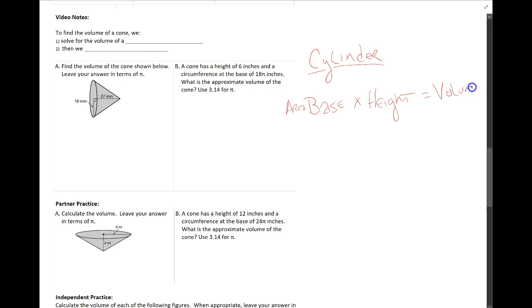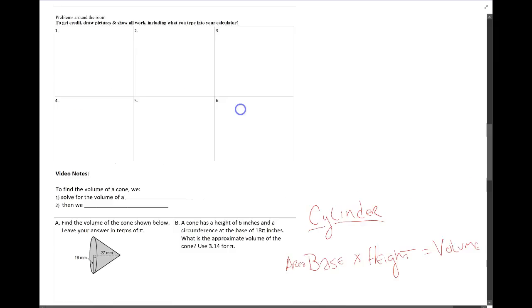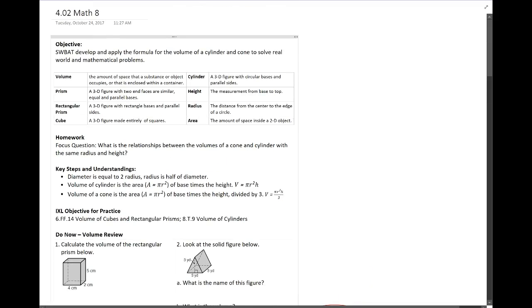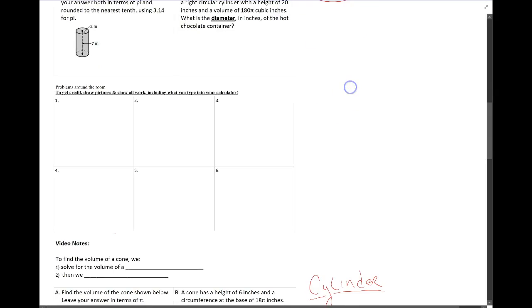And something we didn't really address is what is this idea of volume. Volume is the amount of space that a substance or object occupies, or that is enclosed within a container. So the idea is like with a can of soda. The volume of that can of soda is the amount of soda that fits inside it.